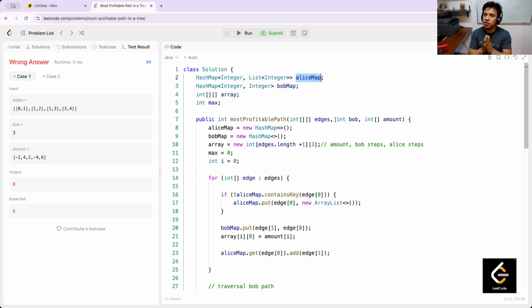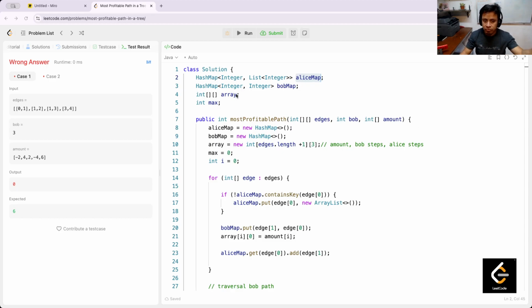This is because I need to cross in different directions. Alice goes downwards, and Bob goes upward. For that reason the mapping is different.